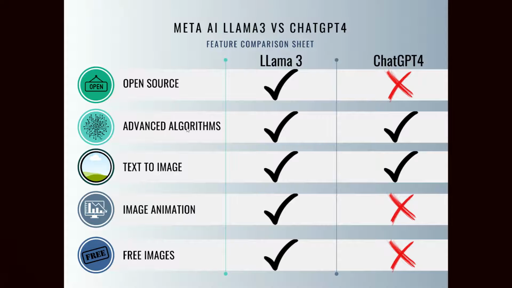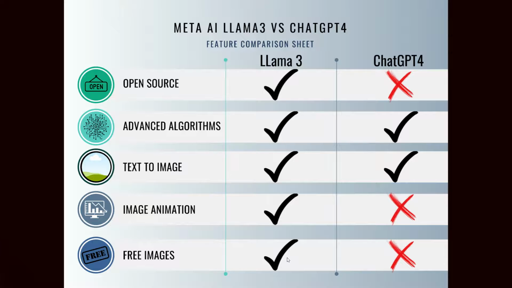Advanced algorithms, they're both very good LLMs. They can answer your questions and they can do it relatively quickly. Text to image, they both have the capability of text to image. GPT-4 uses DALL-E 3. Image animation, now this is the one that Llama 3 has that ChatGPT DALL-E 3 does not. Image animation is really cool, and Llama 3 has jumped ahead in that category.